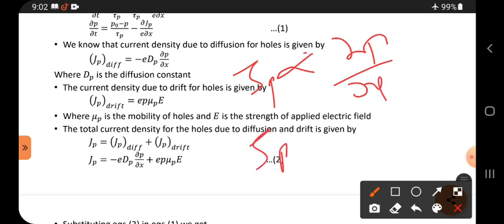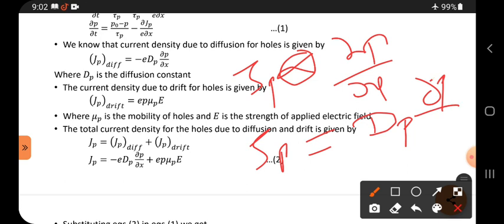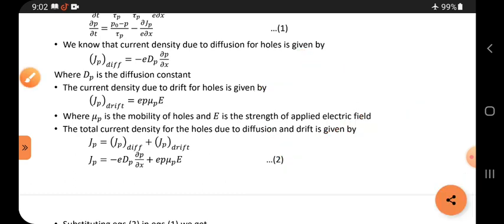Dou p by dou x is a gradient, the hole gradient. If you remove the direct proportionality, we have to take a constant, and that constant is taken as Dp, the diffusion constant for hole. So Jp equals minus e Dp dou p by dou x. Here e is attached because it indicates charge, and the minus is there because when distance increases, concentration decreases.